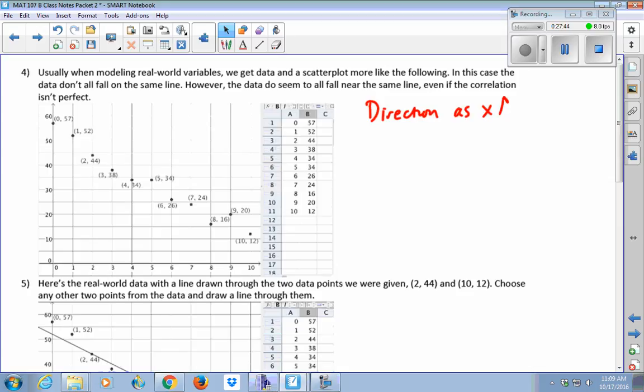As x increases, the percent of your population decreases. So you get a sense that the direction here is going to be negative because they're acting inversely to each other. You also see that the general shape is linear.